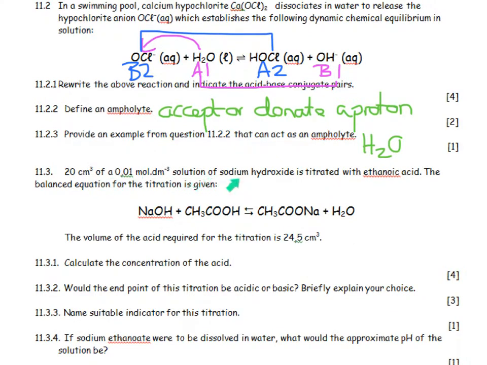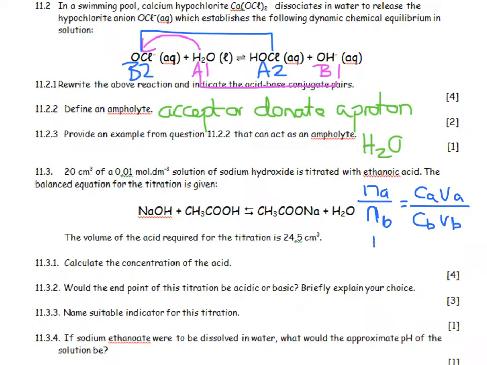We've been given a solution of sodium hydroxide. It is titrated against ethanoic acid, and the balanced equation is given. Unfortunately, in this you were not given enough information to be able to solve the problem. This bit of information was missing. We didn't have the concentration, but let's just work it through. So the number of moles of acid over the number of moles of base is equal to concentration of acid, volume of acid, concentration of base, and volume of base.